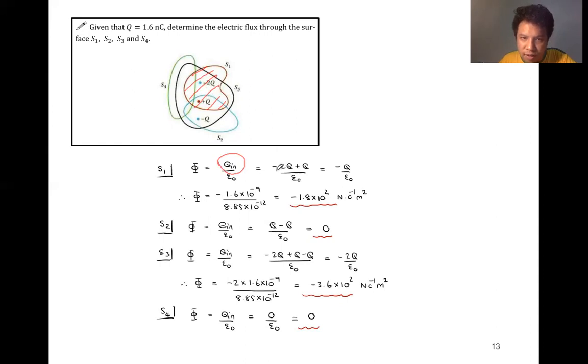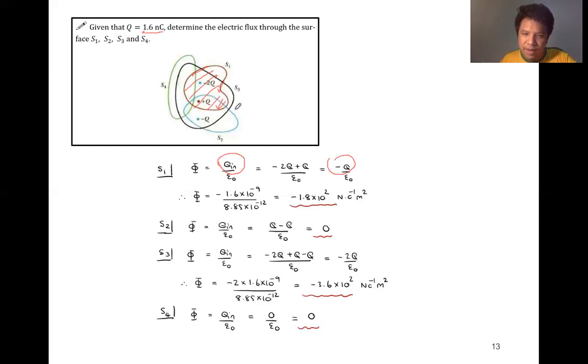The total charge inside is minus 2q and plus 1q. So that would be minus q over epsilon 0. And then when we substitute the q value, or 1.6 nanocoulomb, we are able to calculate the electric flux through S1.